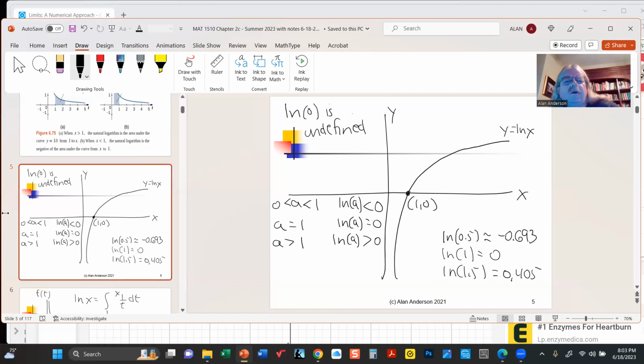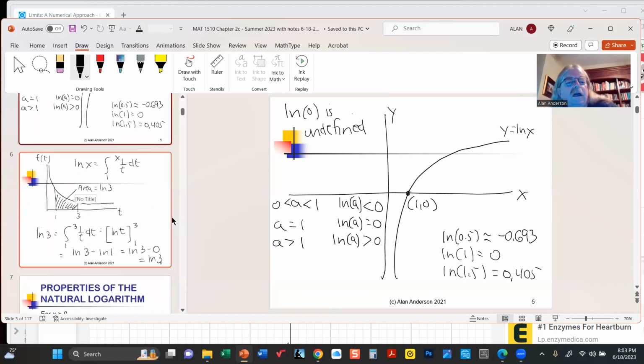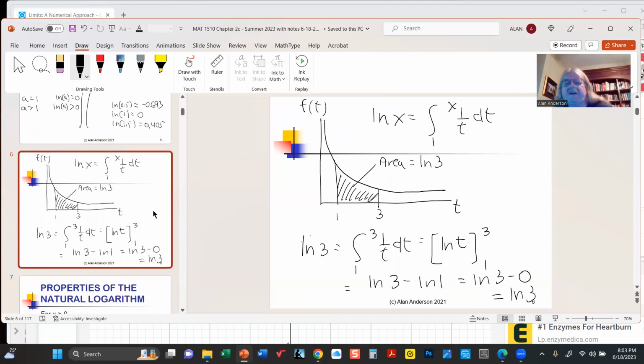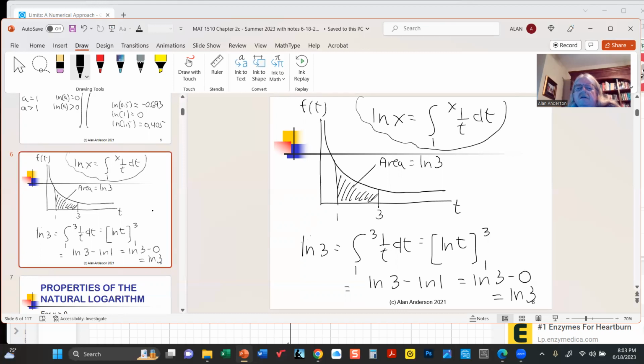Okay, so anyway, here's just a specific example. I chose 3. We have the area between 1 and 3 under this curve. And so the integral is from 1 to 3, as you see down here, of 1 over t dt. Now, the definition of the log is here.